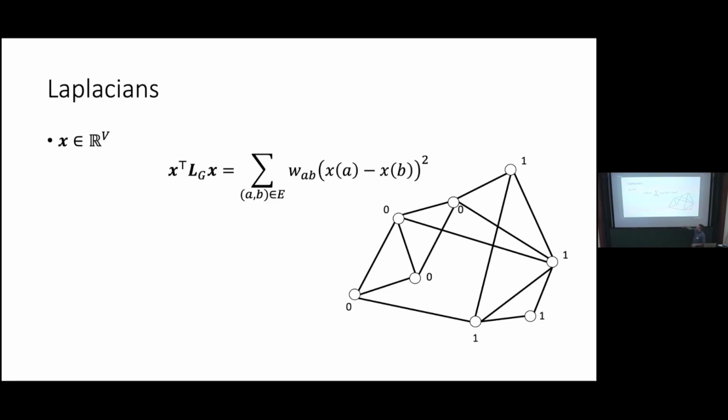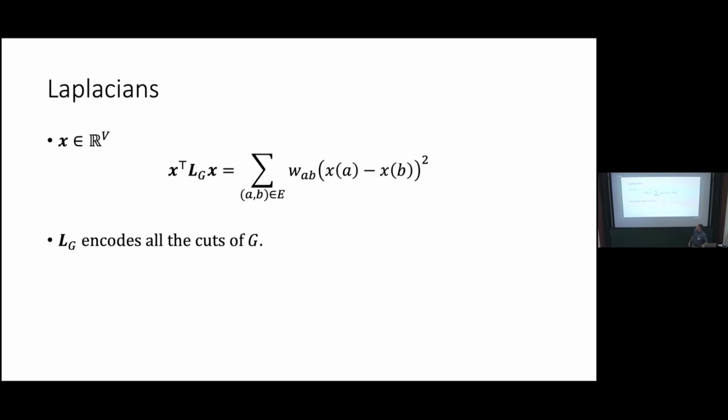But if we take x to be 0 and 1, like here, then the only entries of that sum that are not 0 are the ones between the part that has 0 and the part that has 1. So we have the cut. So, for example, this L_G for sure encodes all the cuts of the graph, but has also some other nice properties.